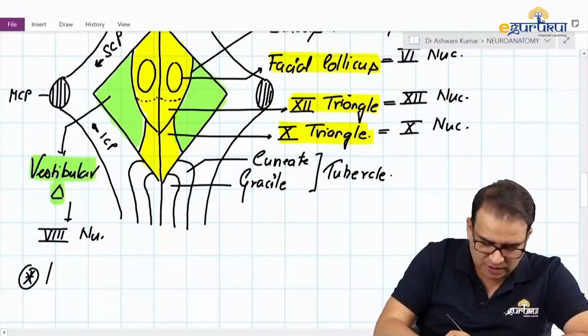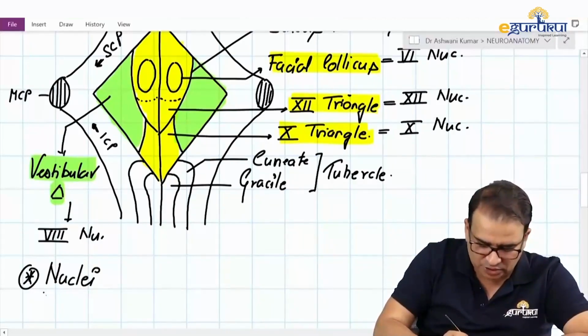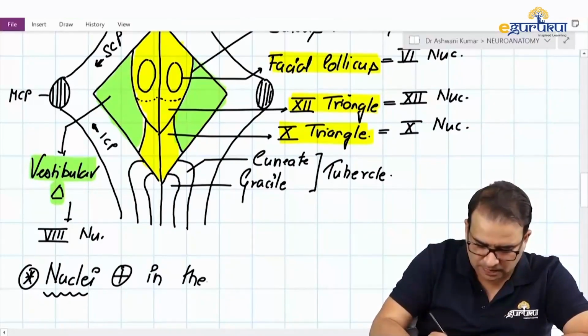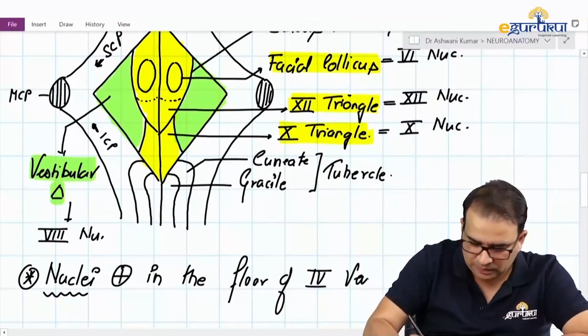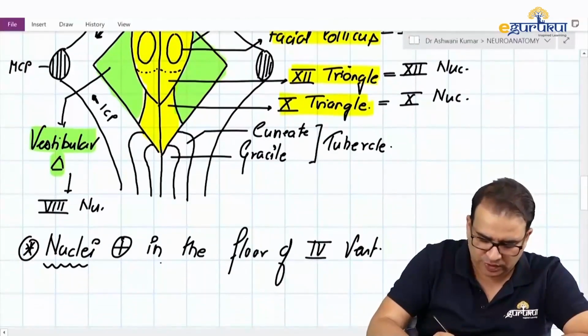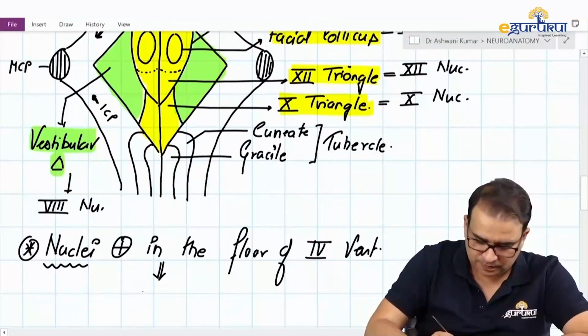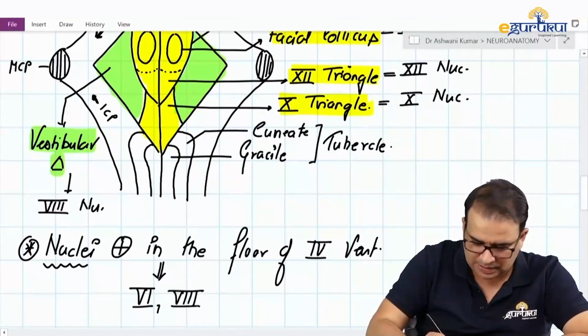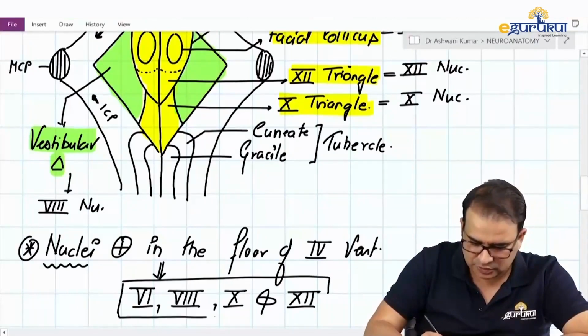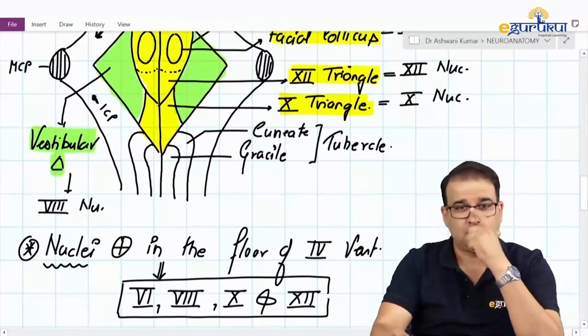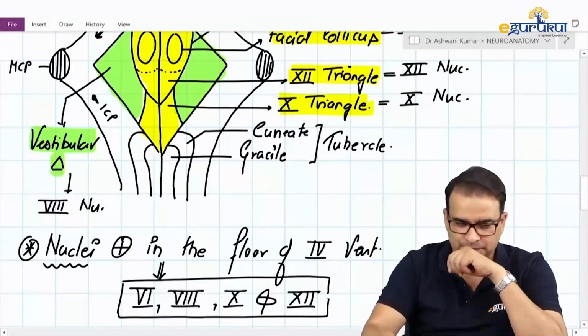Make sure to write nucleus or nuclei, not nerve. The nuclei present in the floor of the fourth ventricle involve 6, 8, 10 and 12.